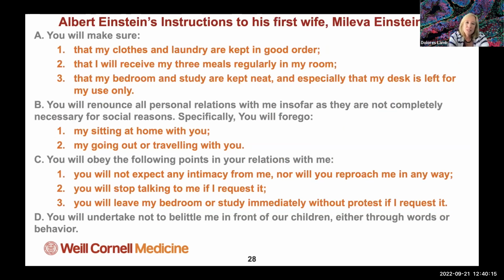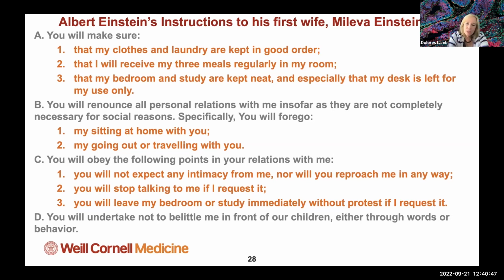But this was something that was discovered by Einstein's son in his paperwork, which was a note to his first wife, he was giving her orders essentially to be a maid. Right. And like that he wasn't going to be company for her. He wasn't going to go out or travel with her. He had a whole series of rules for their relationships and how she should behave.